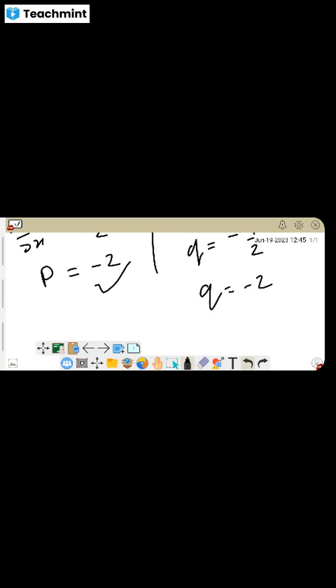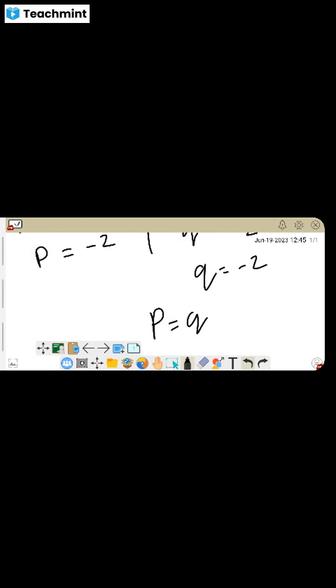So from this and this we have P is equal to Q, and this is the required PDE.